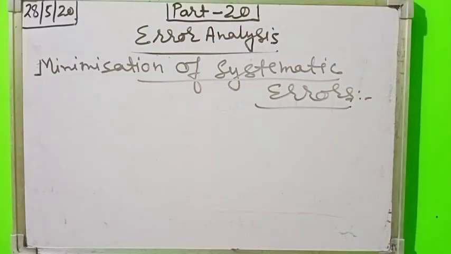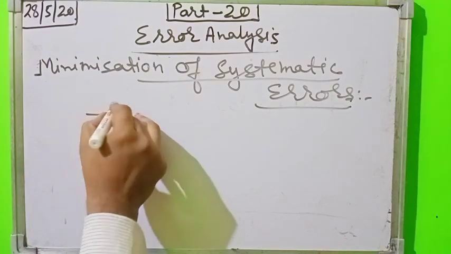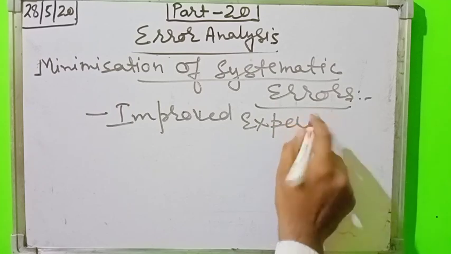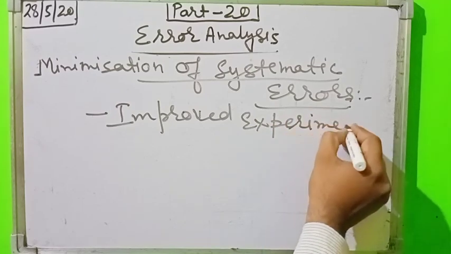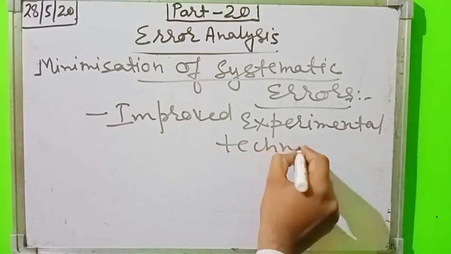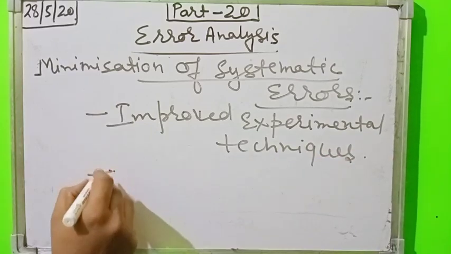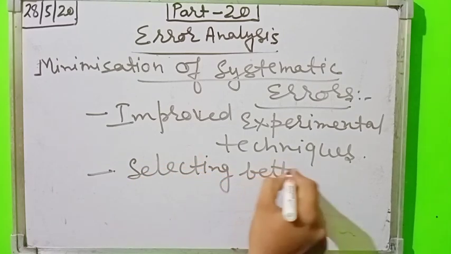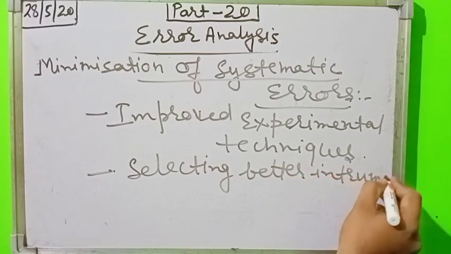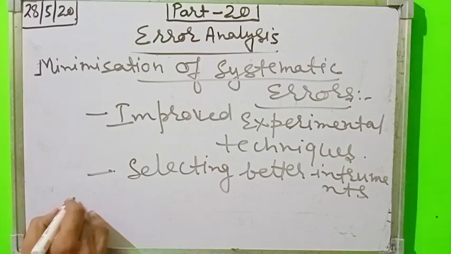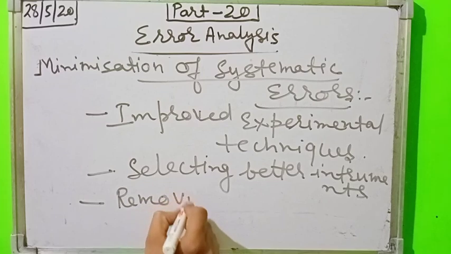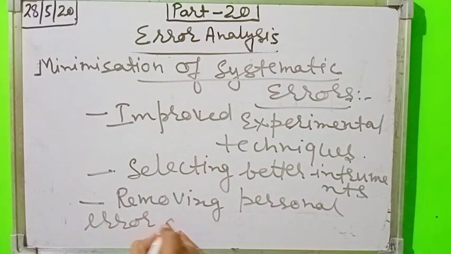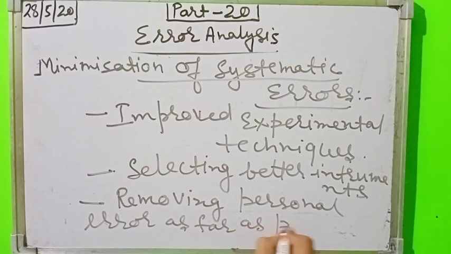This type of error can be minimized by improved experimental techniques, selecting better instruments, and removing personal error as far as possible.